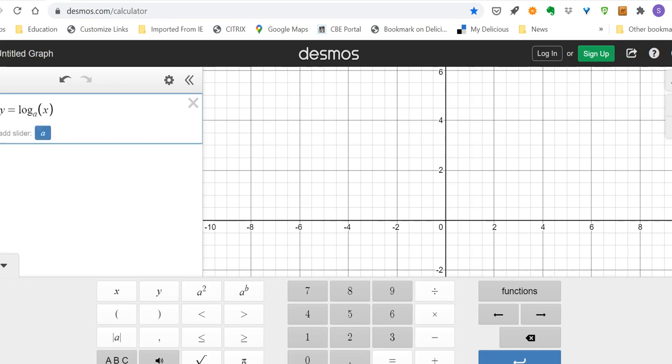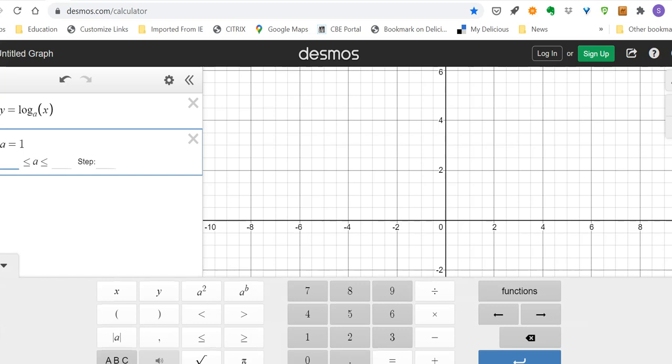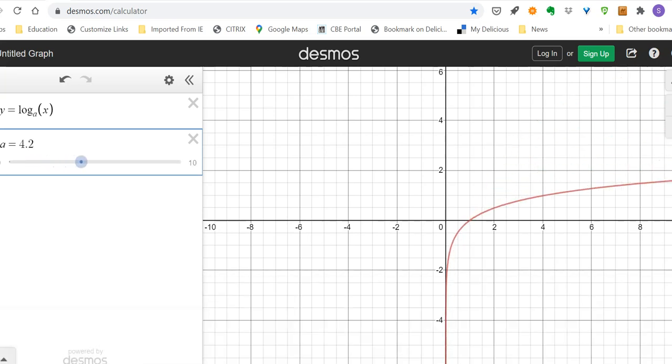So it says add a slider for the base, right? Okay. And I don't want negative 10, right? So our A value, we said we're going to keep it positive. Okay, and then if I press play, we can see, yeah, okay.